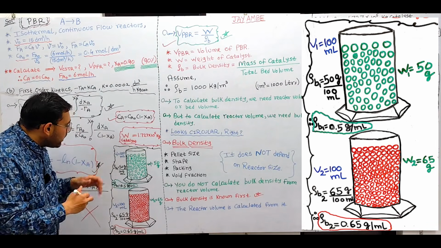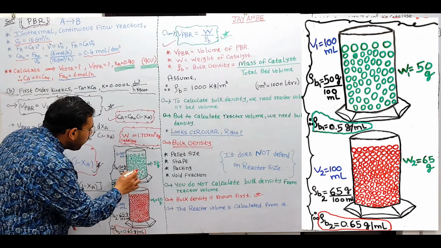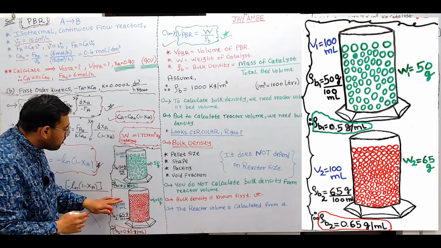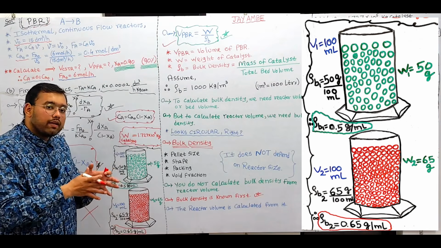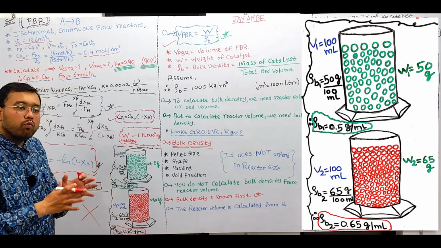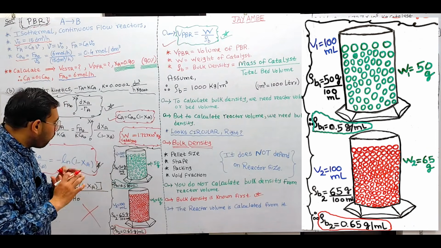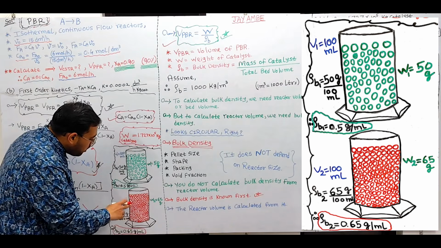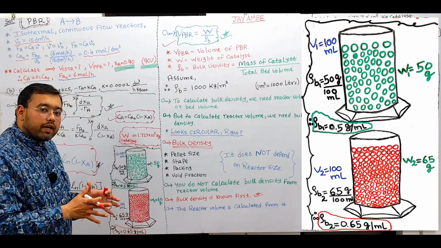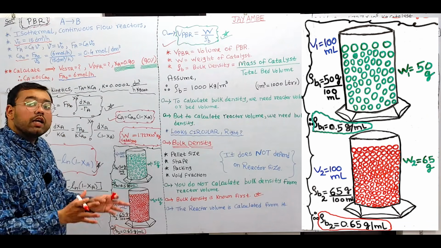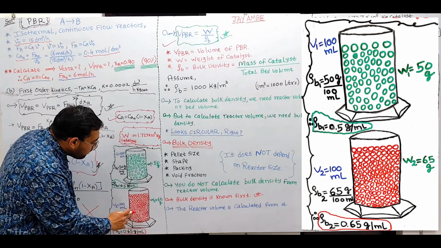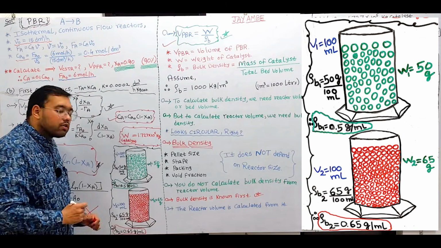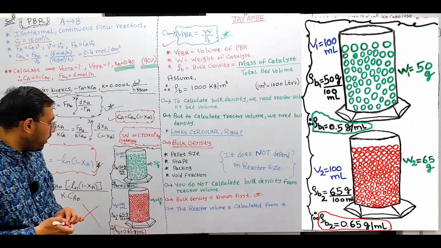In the second case, we have tightly packed the solid spherical catalyst into the given 100 ml measuring cylinder volume. Due to the tight packing, the void fraction decreases, so you can see a much lower void fraction between the solid spherical catalyst.